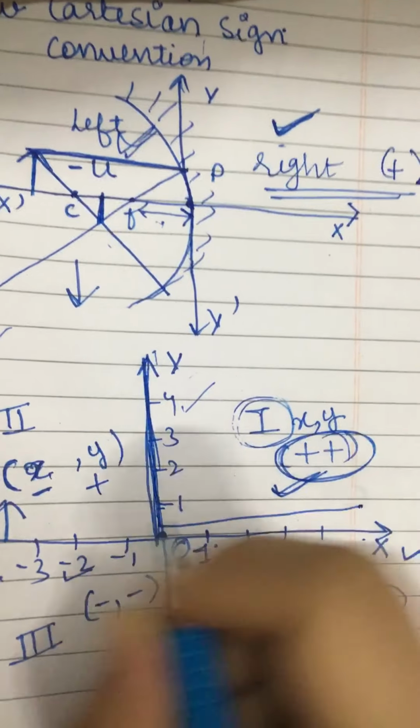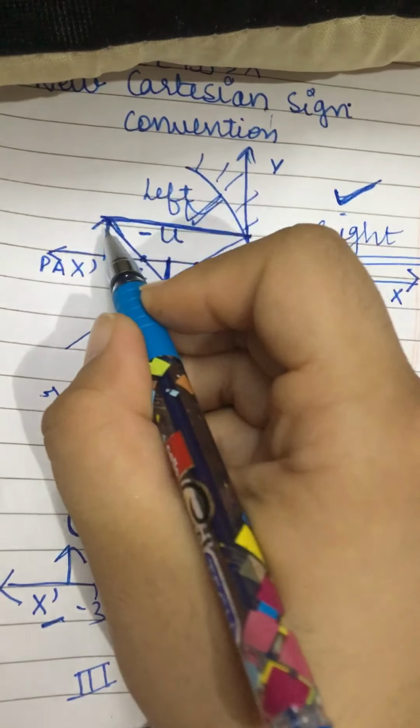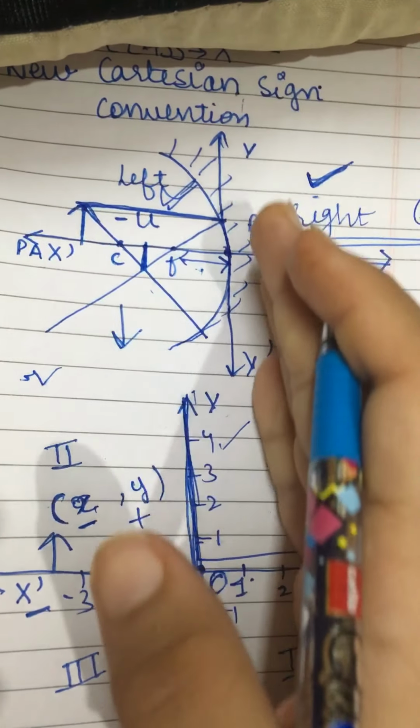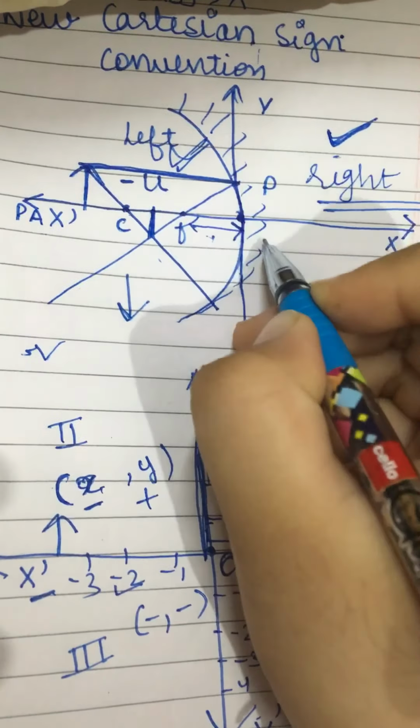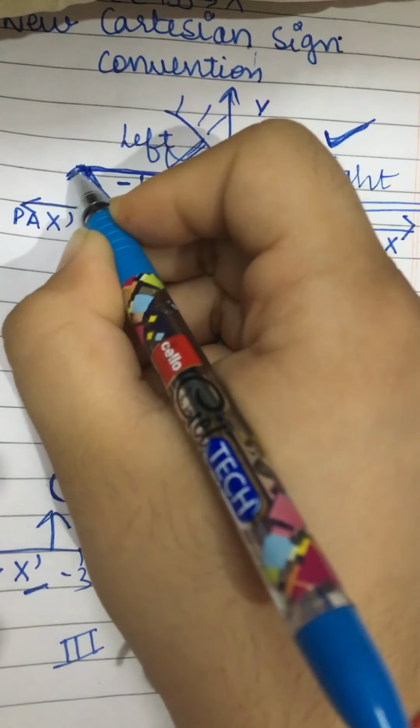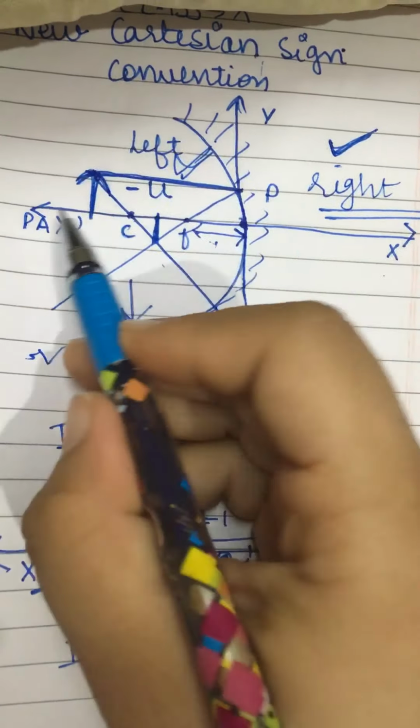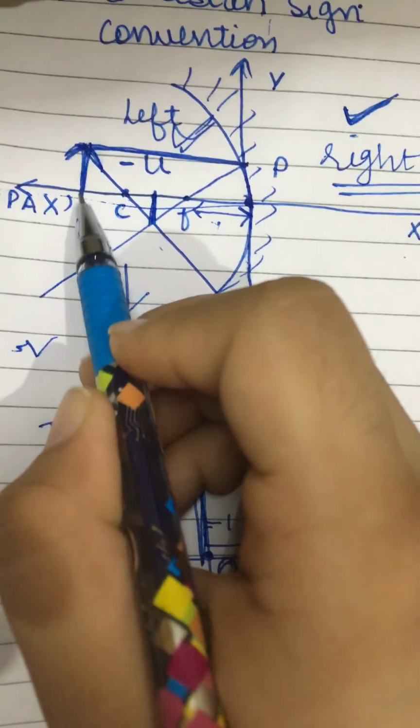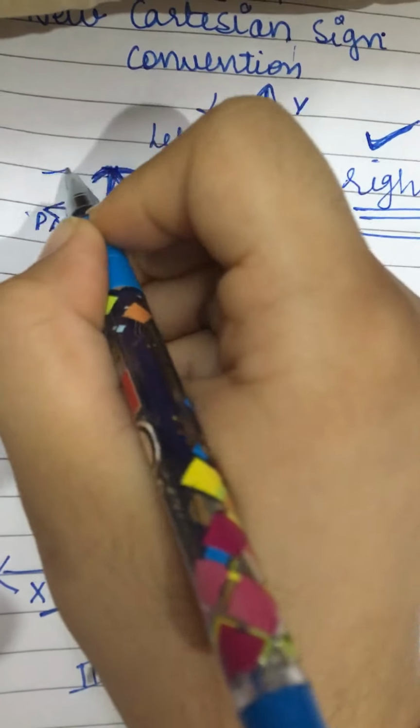And if it is taken in the upward direction, like the object is kept in the upward direction of the principal axis, then the height of the object will be positive.